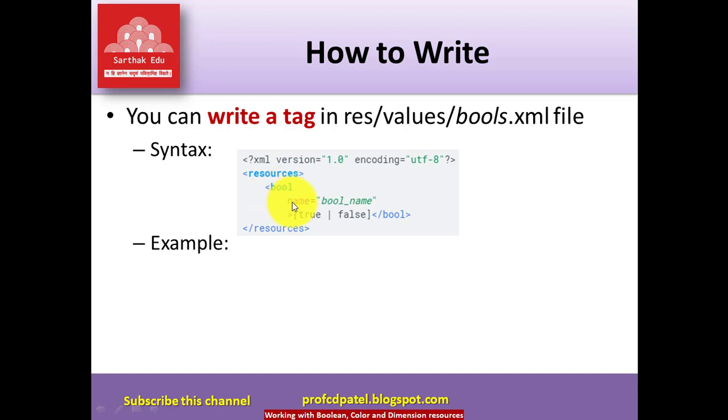There are mainly two parts. Name, that is your key name, as an attribute, and bool underscore name, that is your key name, and the value of this key name is true or false.